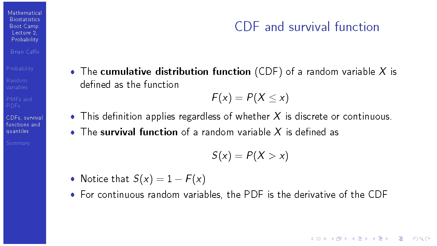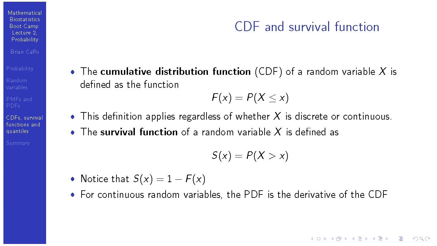So if you take a random variable, you could construct a function that when you plug in a value, returns the probability that the random variable is less than that value. And you could construct a function that when you plug in a value, returns the probability that the random variable is larger than that value. And these things are so inherently useful that we give them names.